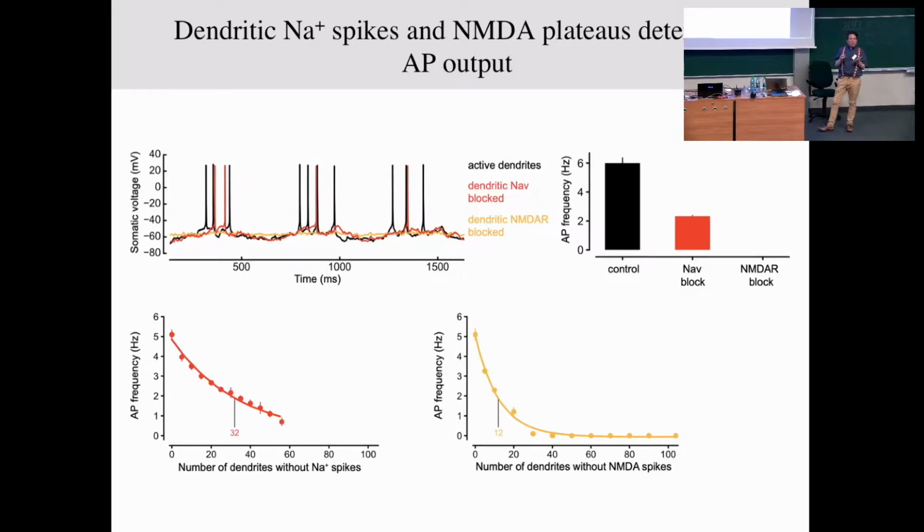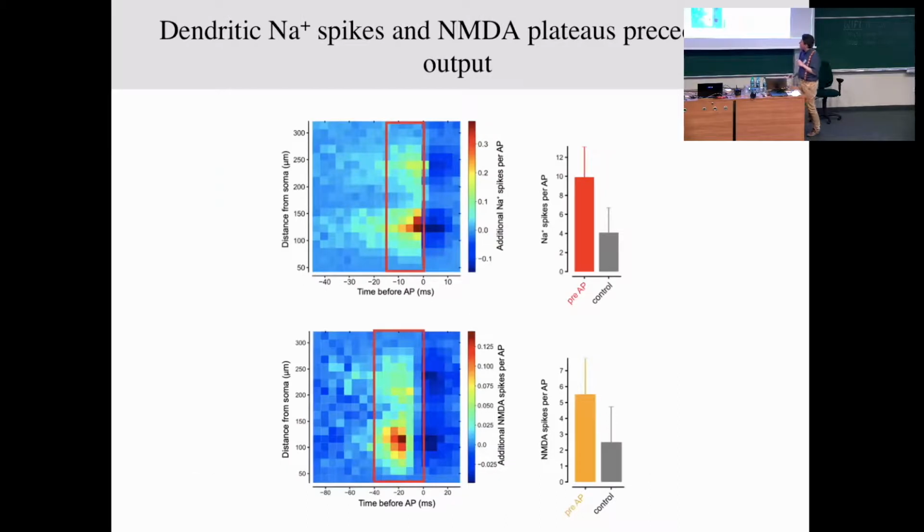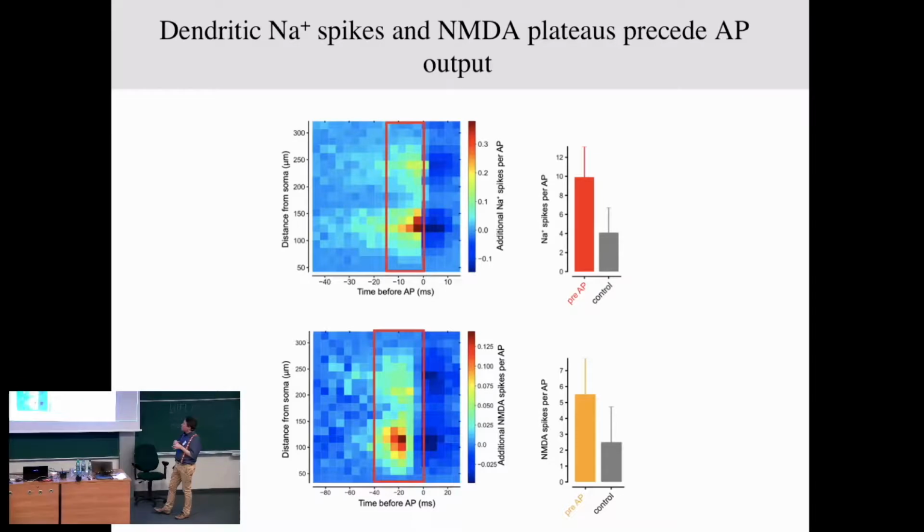So that proves that NMDA receptors and all the nonlinear dendritic excitability, let's not call it necessarily spikes, are essential for producing any output. Without them, there's no output. Sodium channels are also important, but a bit less so. So we do know that there is very likely dendritic excitability in some form always happening when a cell has been making an output spike at the soma.